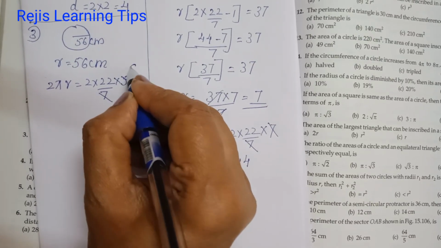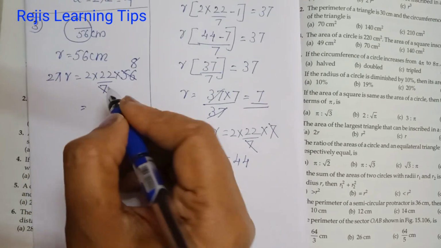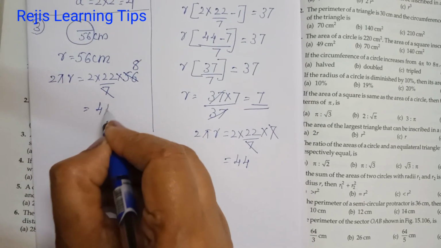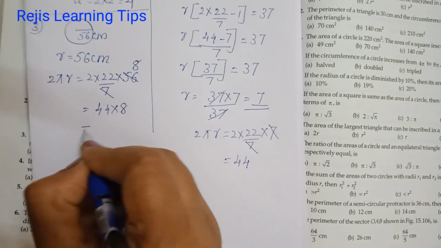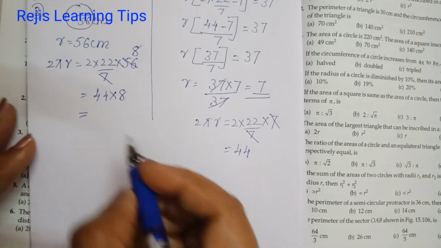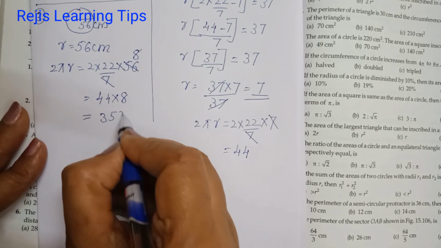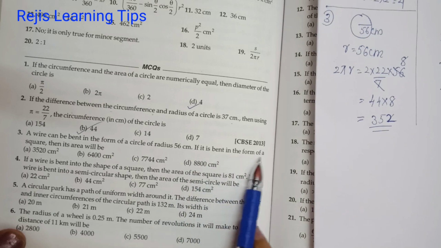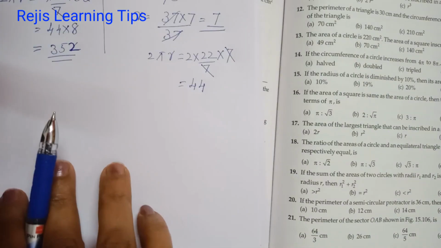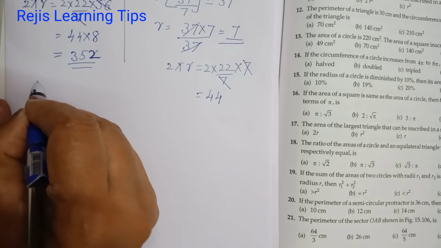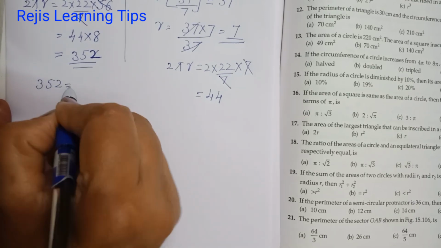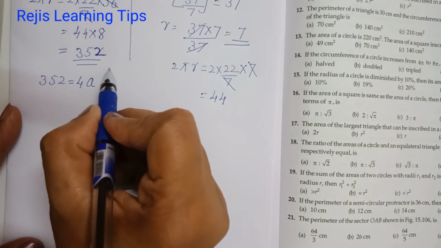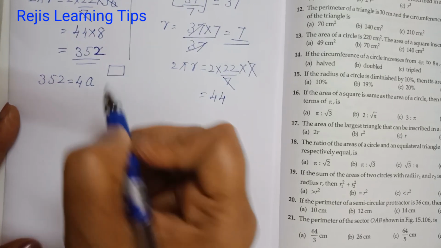We can cancel this, that is 8. Then 22 into 2 means that is 44. 44 into 8 is equal to 352. So 352. If it is bent in the form of a square, then this 352 is equal to 4a, because now this wire is bent in the form of a square.